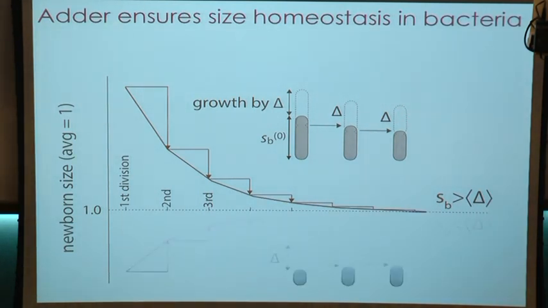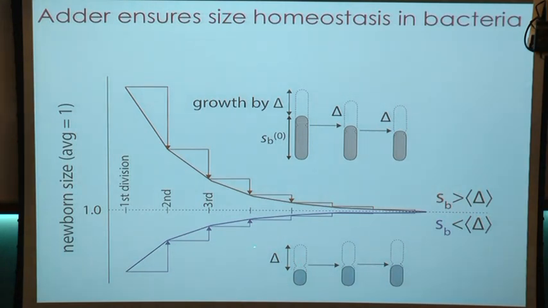How about cells that are born much smaller than the population average? It adds a constant delta and divides in the middle. So in the next generation, the daughter cell becomes slightly larger than the previous mother. This will continue until the size of the daughter becomes exactly the same as delta. So no matter what your newborn size is, the cell is guaranteed to converge to the population average.